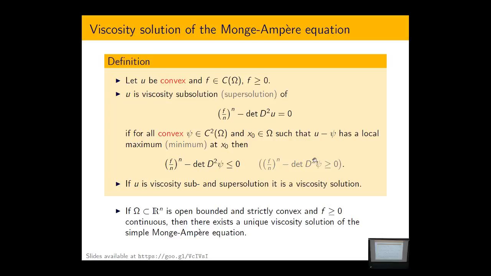And also all my test functions have to be convex as well. So that's somewhat important. But if I define it in this way, and I also say that sub and super solutions give me viscosity solutions, then it's a well-posed problem. So you can say if omega is strictly convex and I've got a non-negative f, there exists a unique viscosity solution to the problem.